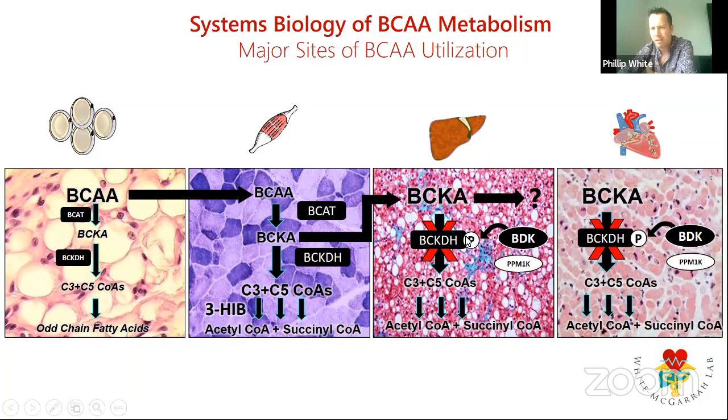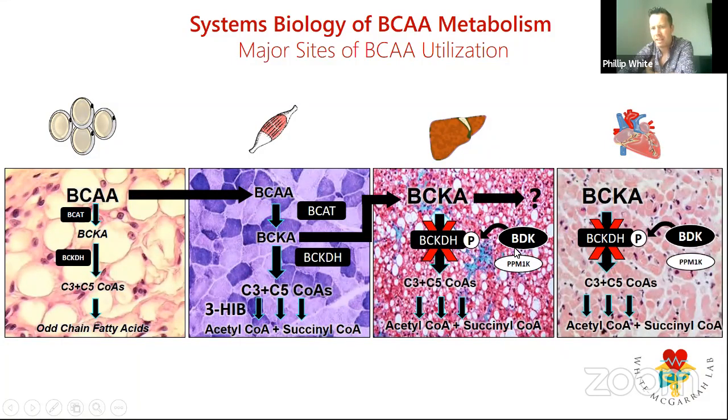And so this step is controlled by a kinase called BDK, which we have a small molecule that can regulate it, called BT2, that can inhibit it. And so increases in BDK with obesity within the liver lead to phosphorylation of BCKDH and that gets turned off. The other enzyme that regulates this phosphorylation step is a phosphatase of the protein phosphatase M1 family, PPM1K. And this will dephosphorylate this site, leading to reactivation of BCKDH.